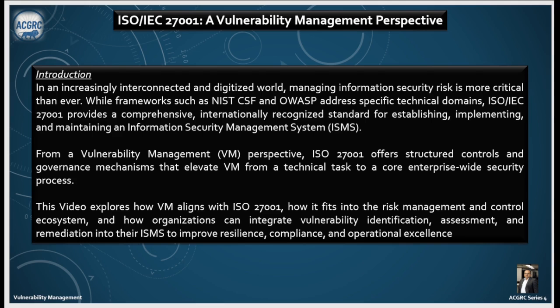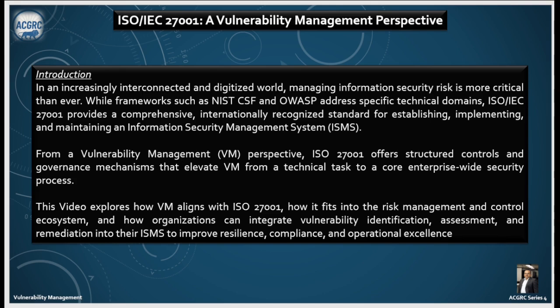In other words, ISO 27001 helps turn vulnerability management from a one time activity into an ongoing business process with roles, responsibilities, and records that auditors and regulators can trust. In this video, we will explore how ISO 27001 maps to the vulnerability management lifecycle.